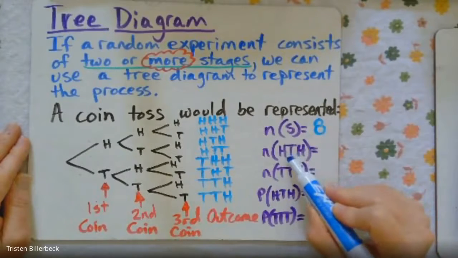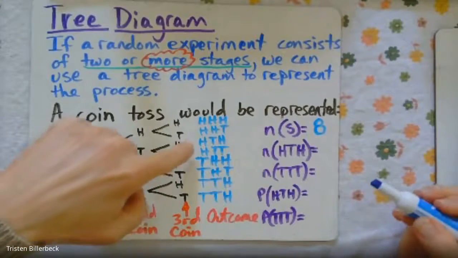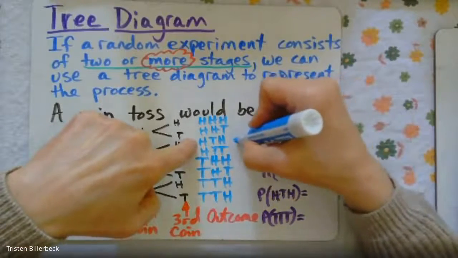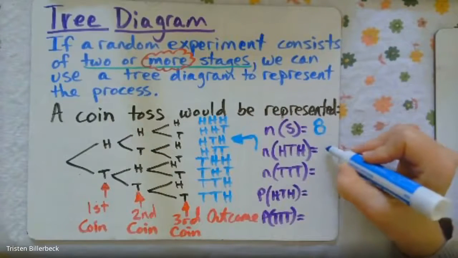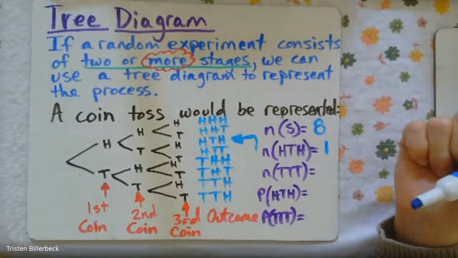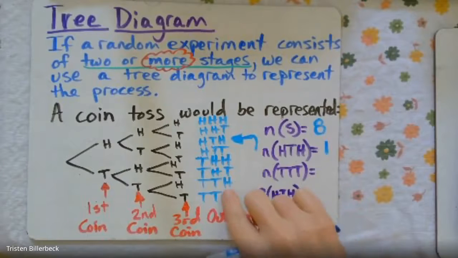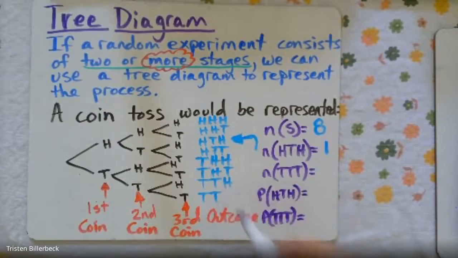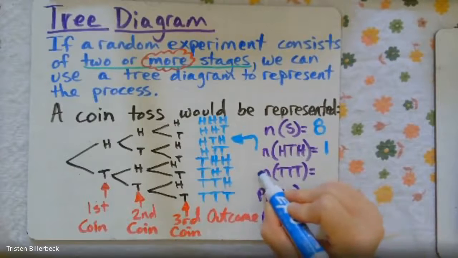So we look at all the possibilities of HTH. Well, the only one is right here, HTH. So with that, we have 1. There are no other HTHs. Okay, the number of possibilities of TTT, whoops, I missed that one. That was a T, it is right here.